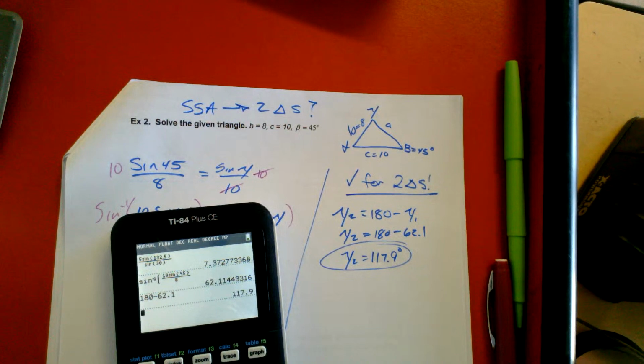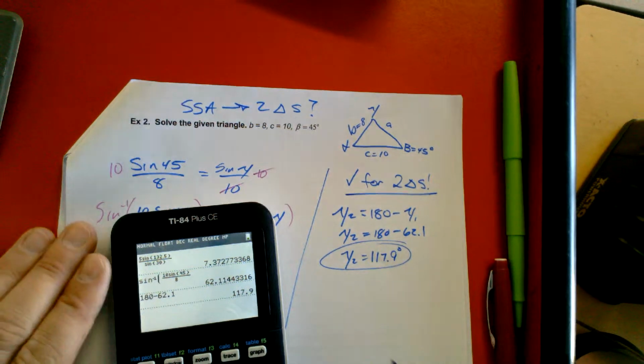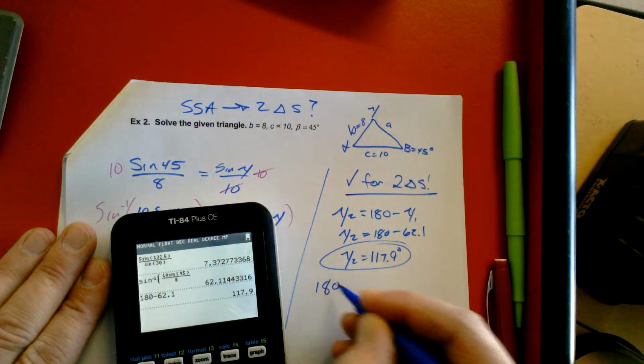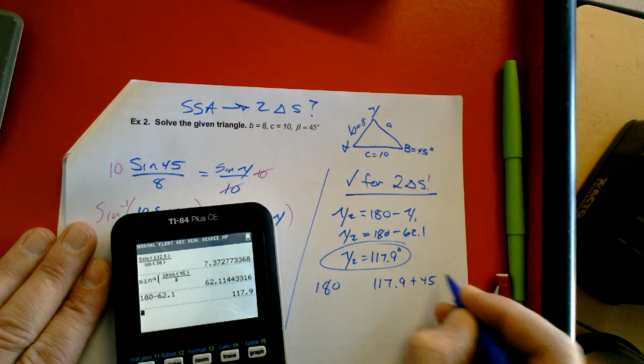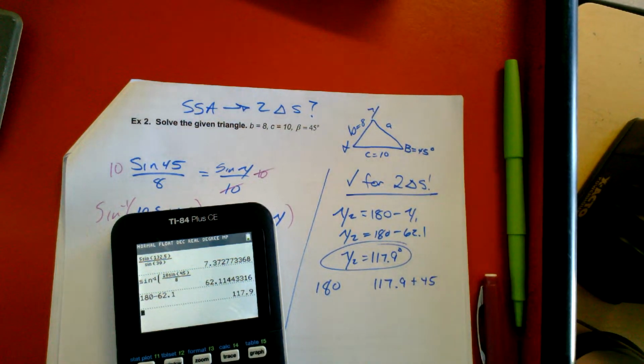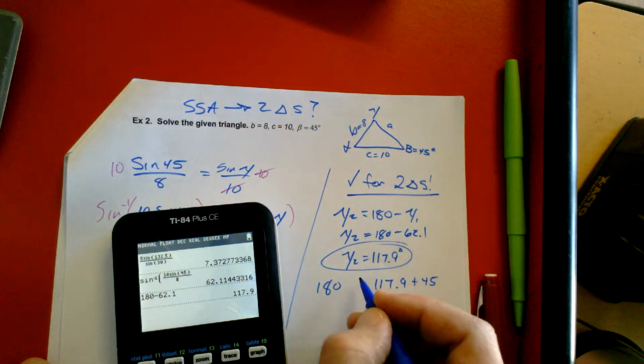Then I compare. I look at the angle that was given, 45 degrees, and I look at 117.9, and I say, is there enough room? Which one's bigger? Is 180 bigger or is 117.9 plus 45 bigger? The 180 is bigger, right?